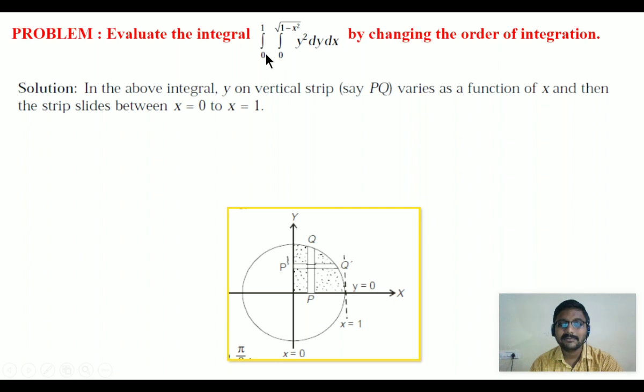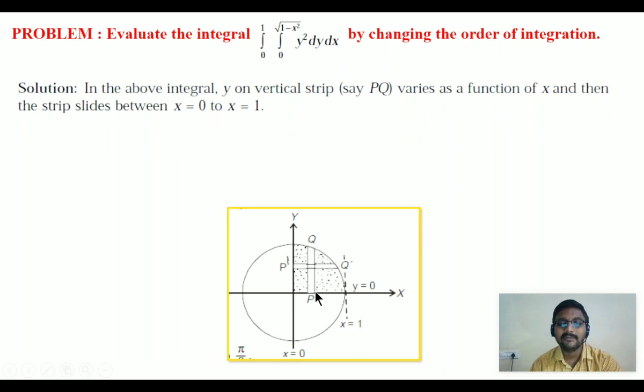Since here x varies as 0 to 1, we have to consider the dotted area, which is a closed region, only in the first quadrant, because x varies as 0 to 1 and y varies as 0 to root of 1 minus x square.